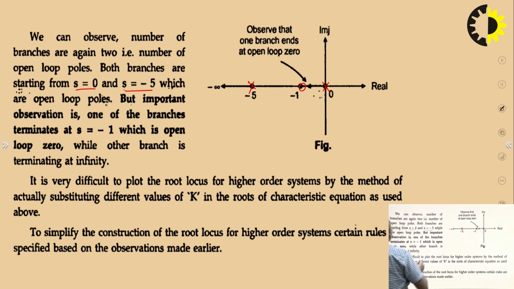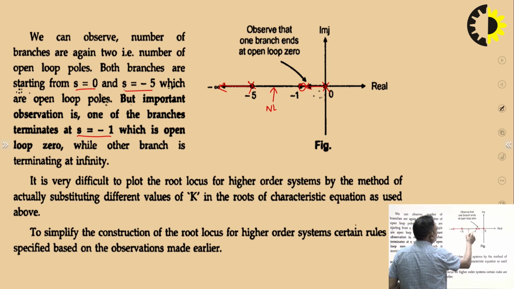But important is that one of the branches terminates at s equals minus 1. So this branch will terminate over here, which is the open loop zero, while the other branch is terminating at infinity, like this. This is the portion where there is no root locus. No root locus means there will be no line here. Only this will be the root locus, while the other branch terminates at infinity.